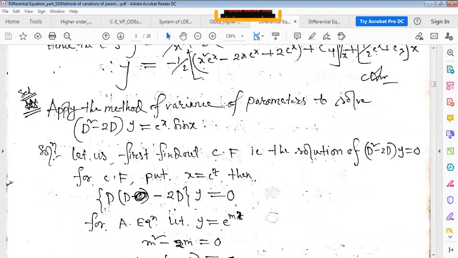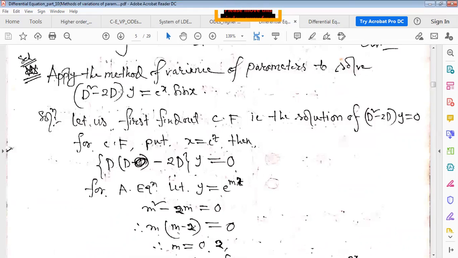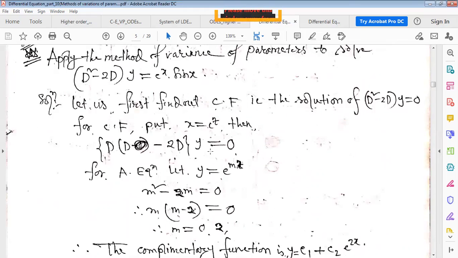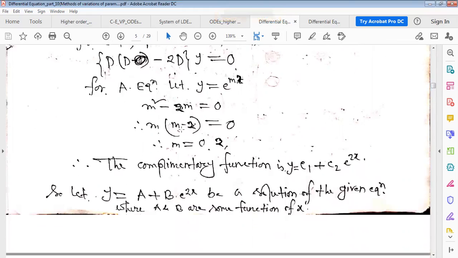Now applying the method of variation of parameters to solve this, with a similar process, D square minus 2D y equals to e to the power x sin x. Using a similar process, we get the complementary function, taking y equals to e to the power mx as the trial solution, where x equals to e to the power z. We get two distinct roots, m equals to 0 and 2.